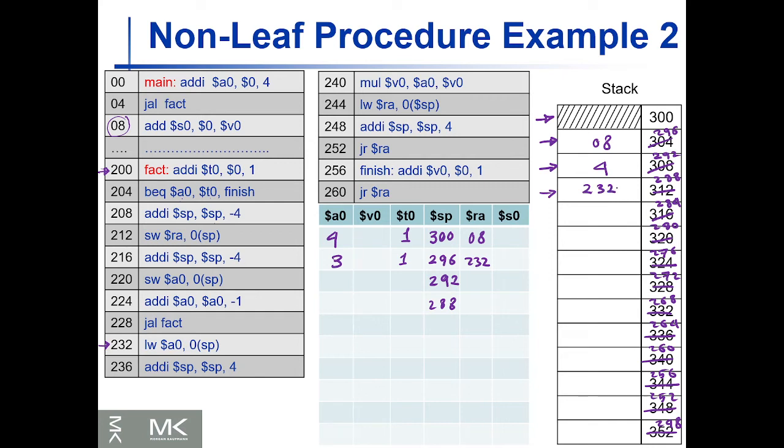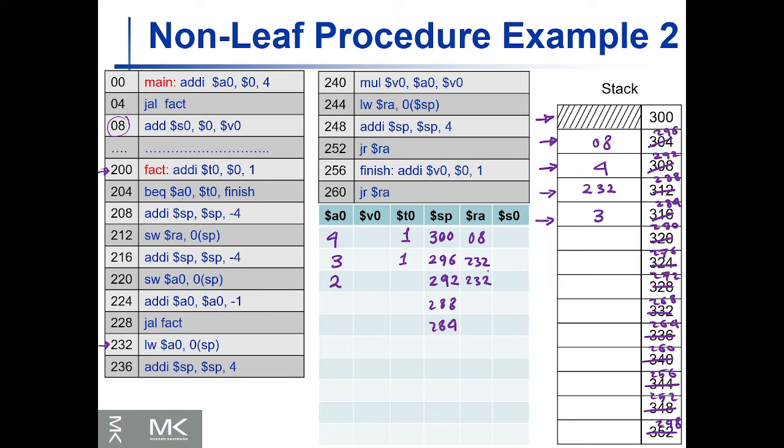Addi SB minus 4, 284. We now store A0 in that location. So we're gonna store 3 here. Addi A0 minus 1, so A0 becomes 2. Jump and link, so again 232.